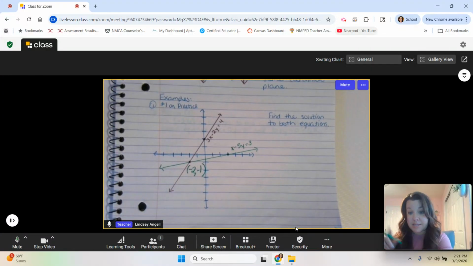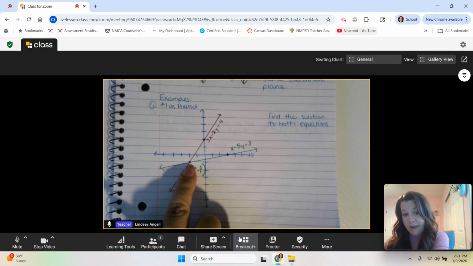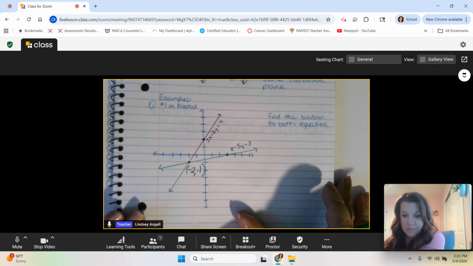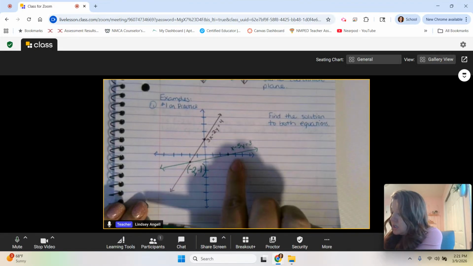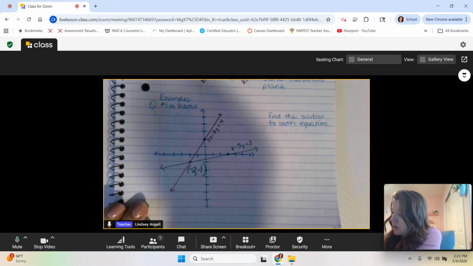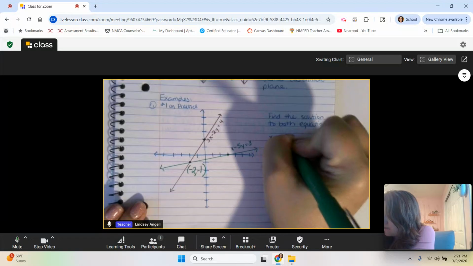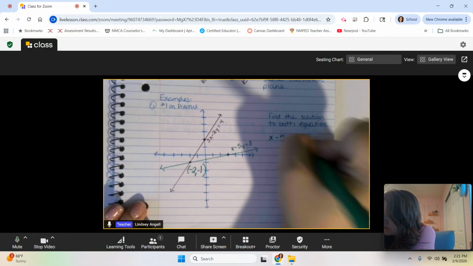Now, if it is the solution, I should be able to plug that point into both equations and make both of them true. So that's how you're going to test it. Yes, we can look at the graph, but we also want to practice actually checking our work, and this is what we would do for that as well. So for this one, I'll keep in green. We have x minus 5y equals 3.